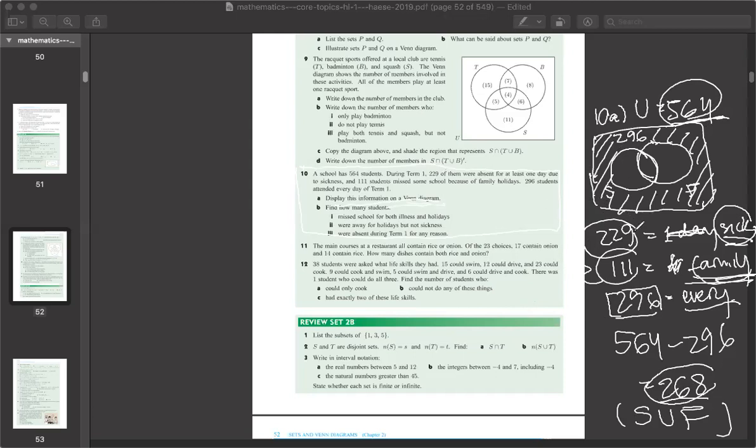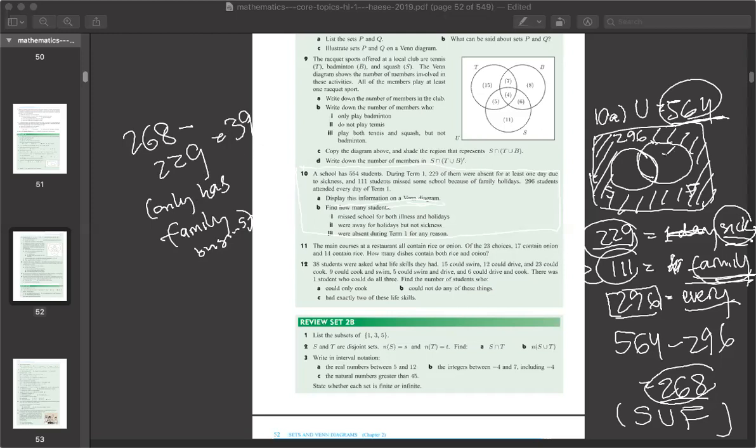For example, you can do 268 minus 229, and that will give you the people who only skip school because of family businesses. That results in 39. So you found that this is 39.